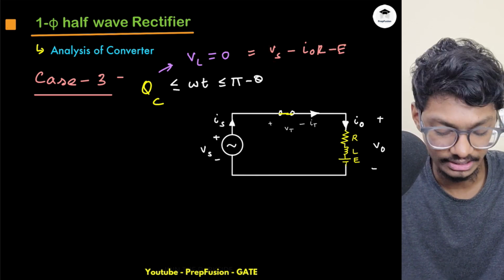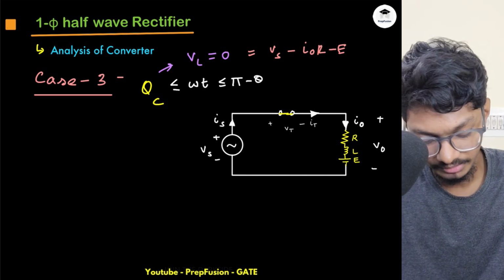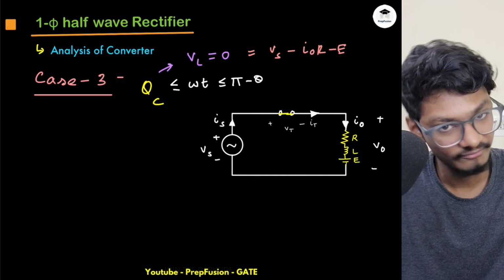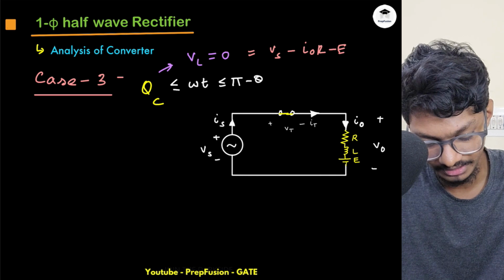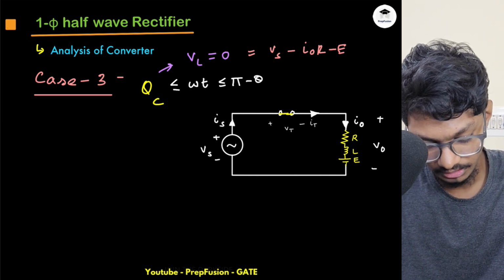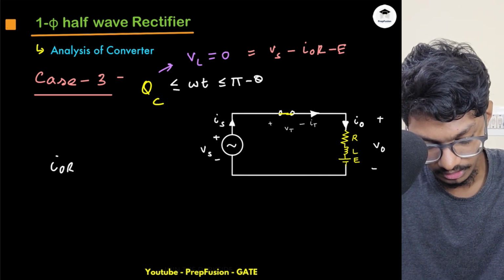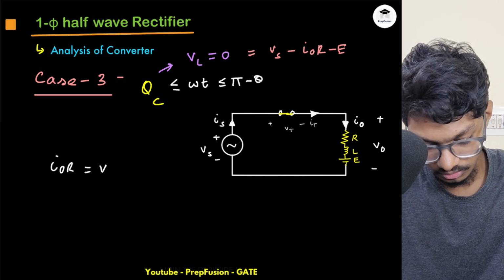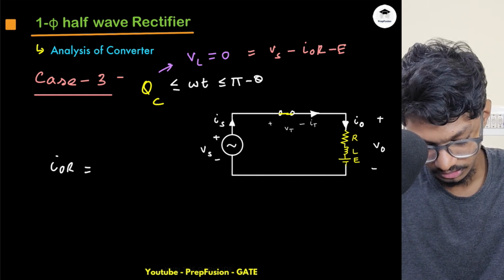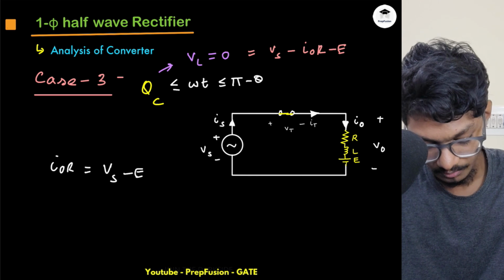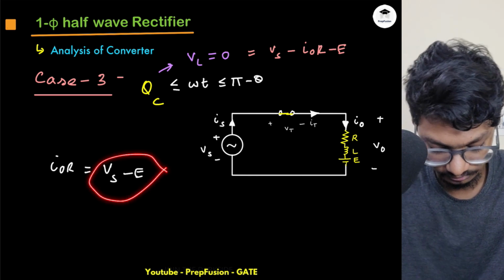What do I mean by this? That my VL is 0. I'm assuming my VL is 0. So my IO into R is equal to Vs minus E.